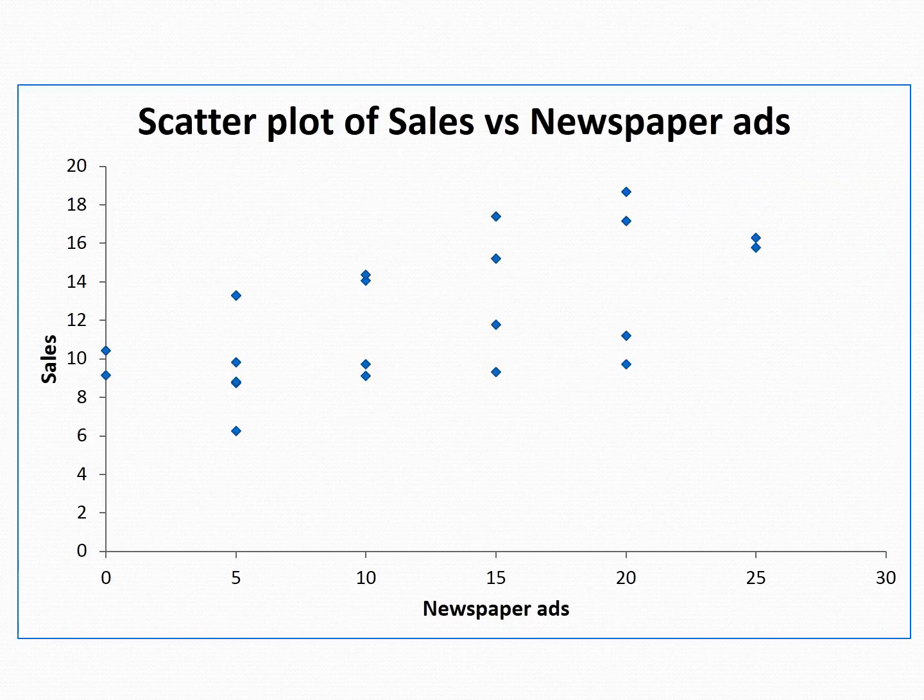There's also a positive linear relationship between the newspaper advertisements X2 and sales, but the linear relationship between X1 and Y seems stronger because the data points were more concentrated around a straight line, so there was less variation in your data.